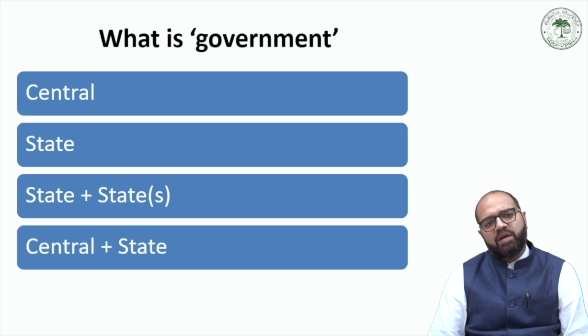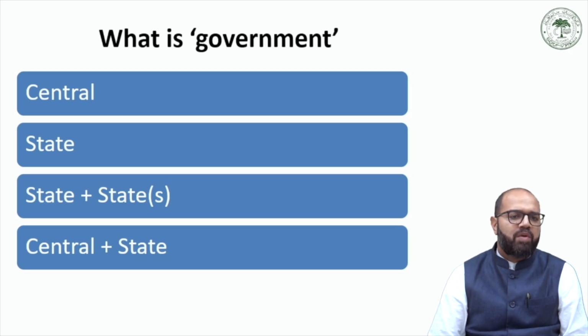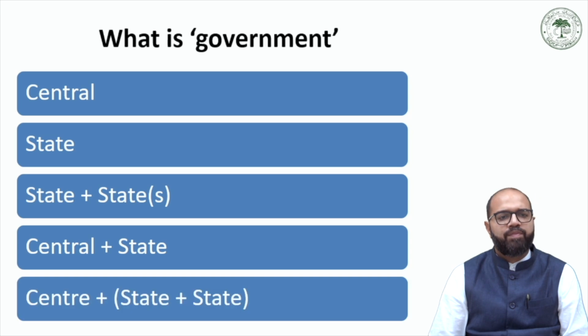Apart from that, a company may be owned by central government in collaboration with a state government, in which case it would be regarded as a government company owned by the center as well as a state government.